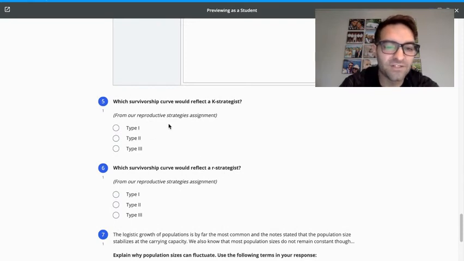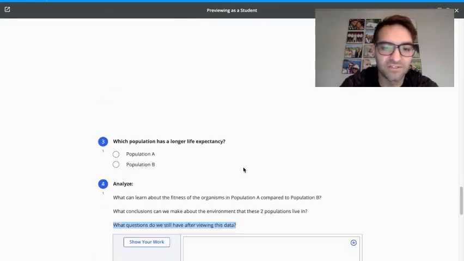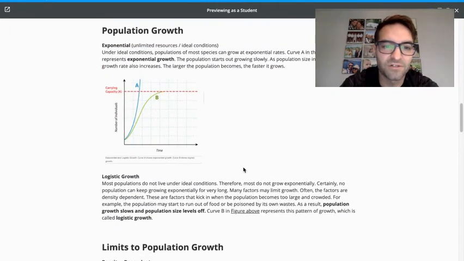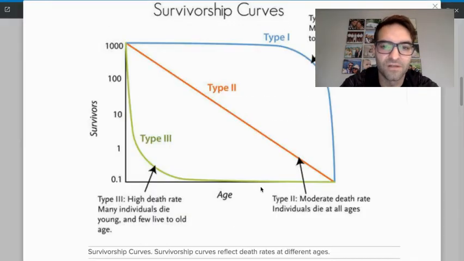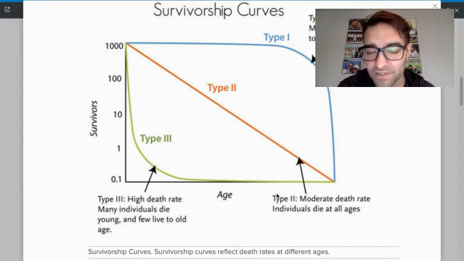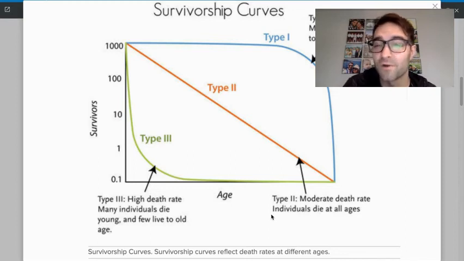Next, we're looking at the survivorship curves for 5 and 6. So if I'm looking at the survivorship curves here, which survivorship curve represents a K strategist, which I believe is question 5, and then which survivorship curve represents the R strategist? And for this, I really want you to keep in mind what we learned from our reproductive strategies assignment.